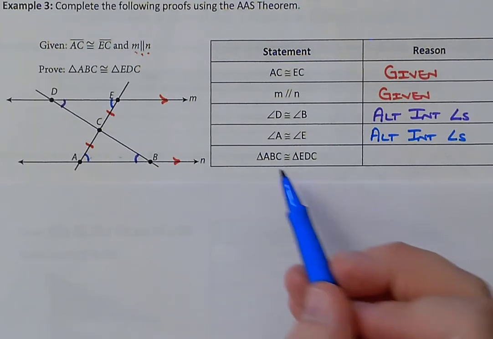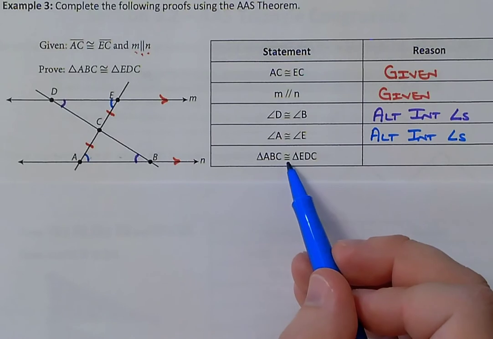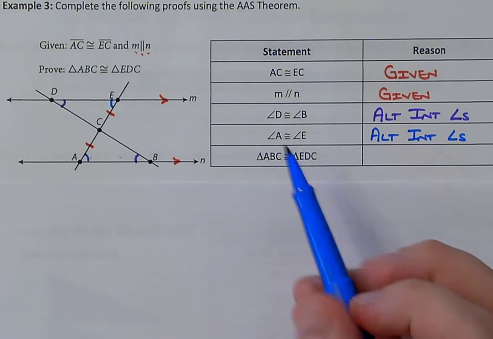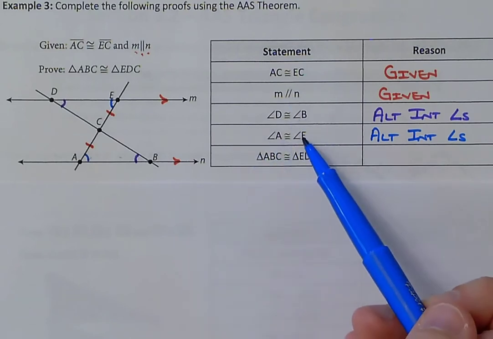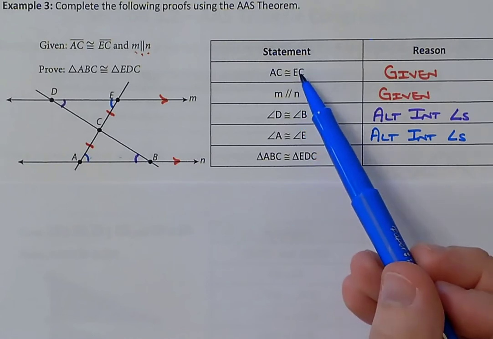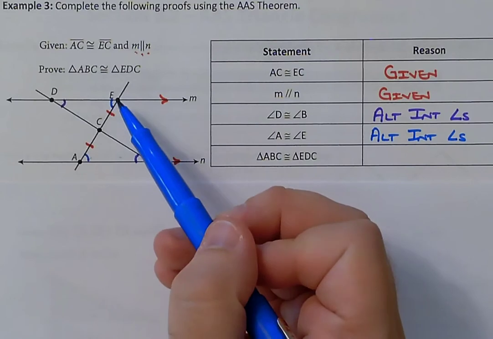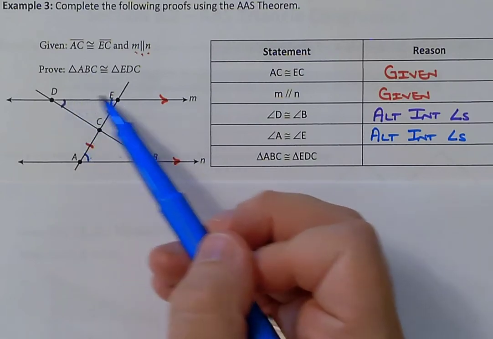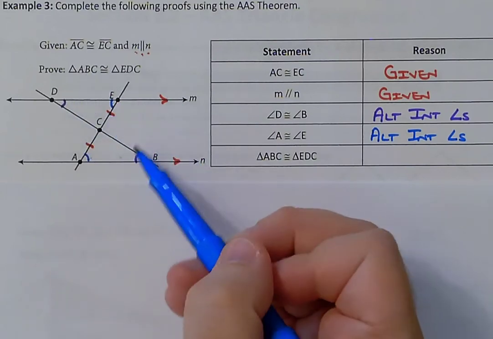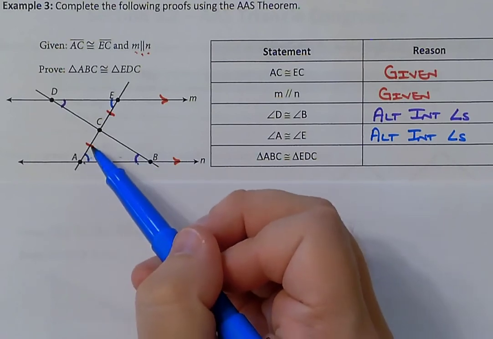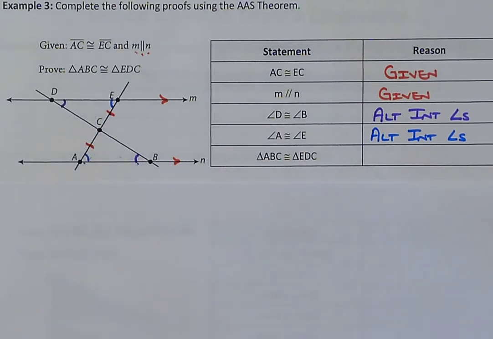And then lastly we have triangle ABC congruent to triangle EDC. Well, I've already stated that I have two angles and a side, so we just have to make sure that the order matches. I have my first angle, my second one inside, my first angle, second one inside. So that does work.